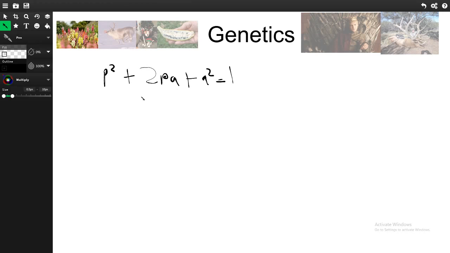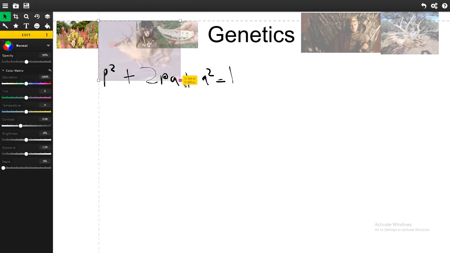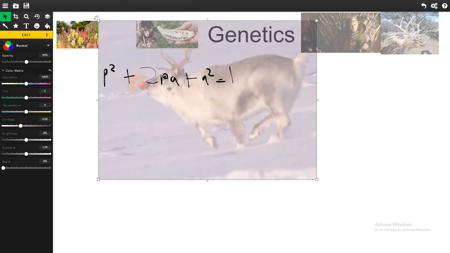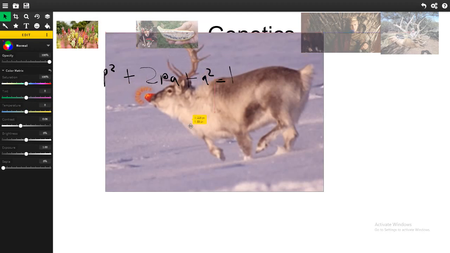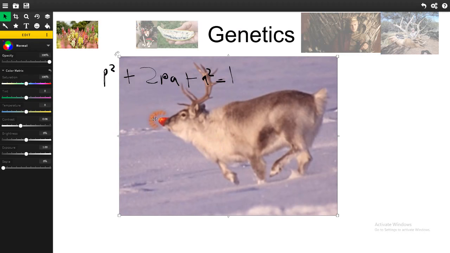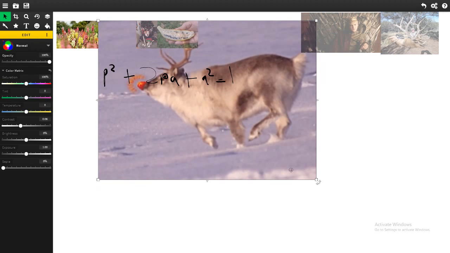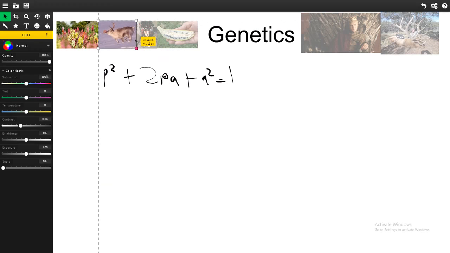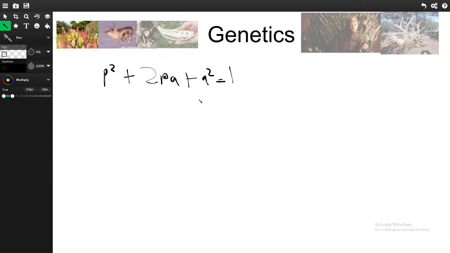Let's say that we have a reindeer herd, and there is an allele that selects for red noses. Christmas is coming up. It's a good example. So there are alleles that cause a red-nosed condition, and it's very rare.